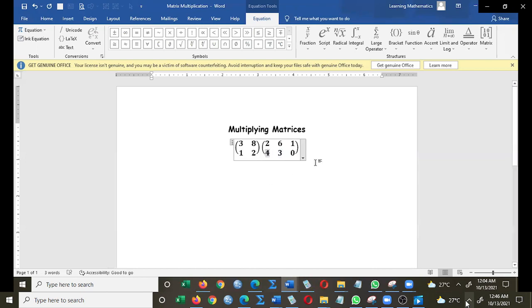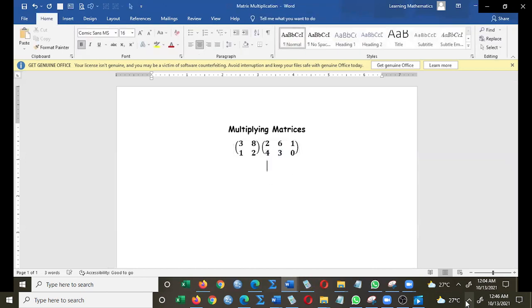Okay. Now the first thing when it comes to multiplication of matrices, you must first determine if multiplication is possible. Right? So that's the first thing you try to do.